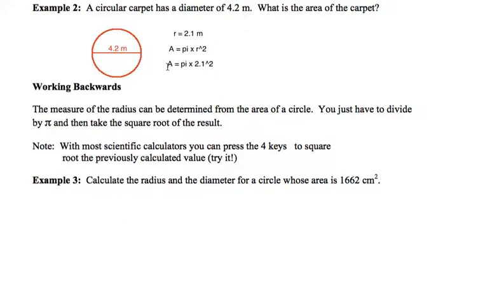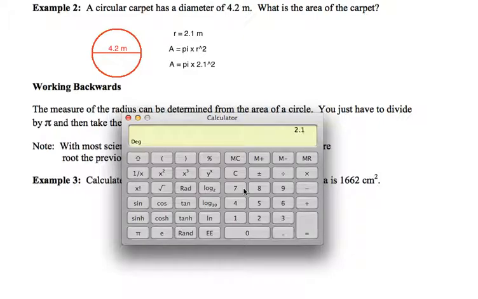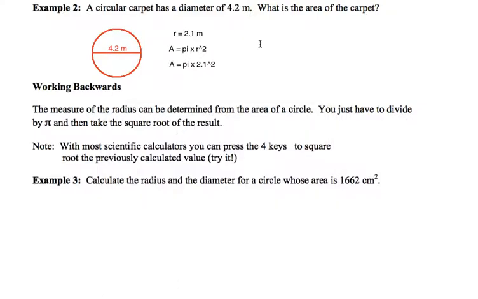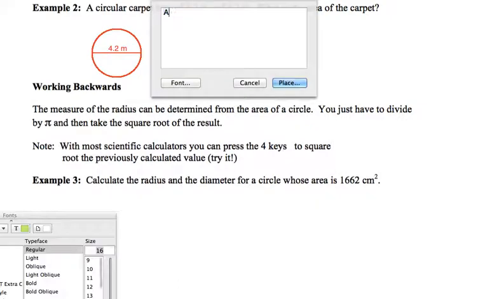And again, BEDMAS rules apply, so I don't do pi times 2.1 and then square that. I get 2.1 squared first, then multiply that by pi. Let's get out the calculator and do that. 2.1 squared times pi gives me 13.85 meters squared. Remember, this problem said meters. So that's my answer here. Area equals 13.85 meters squared.